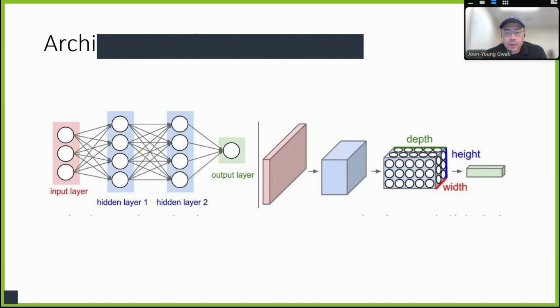So now the next question would be, why is there the third depth of the input, the red cube? So anyone recall what that is?